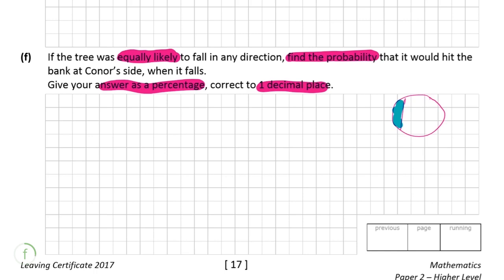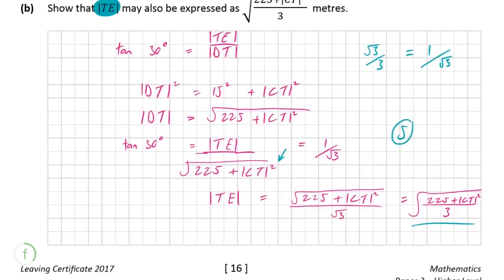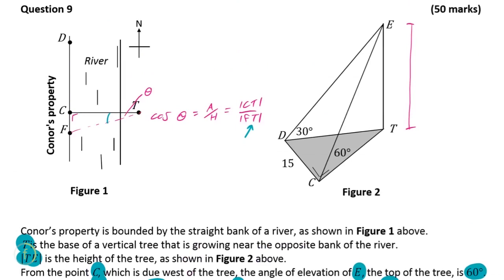So what we want to know is exactly how many degrees this portion takes up. If we have a tree falling, we want to know how likely it is to fall in this range, or the value of the degrees in there. So if we go back up to the diagram once again, we know the maximum size of the angle it can be in order to touch the other side of the river at all, and that's equal to theta, which is 54.7 degrees.